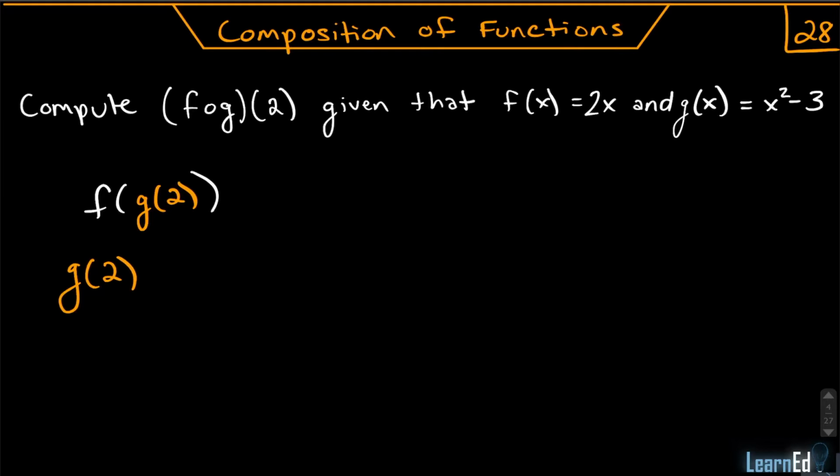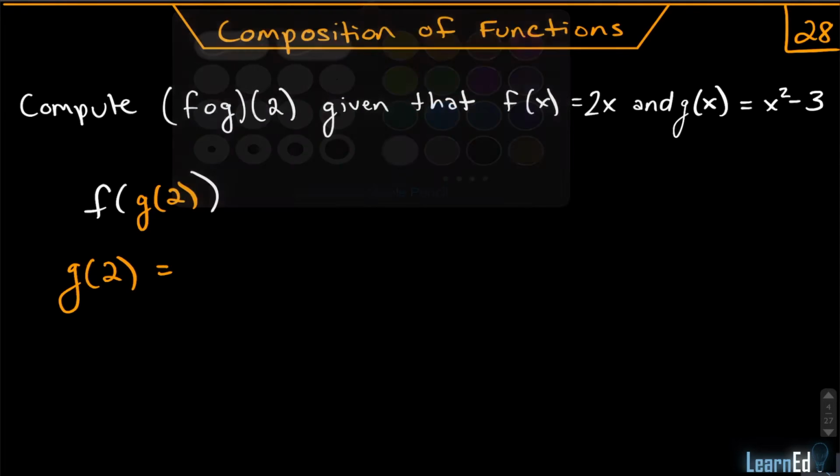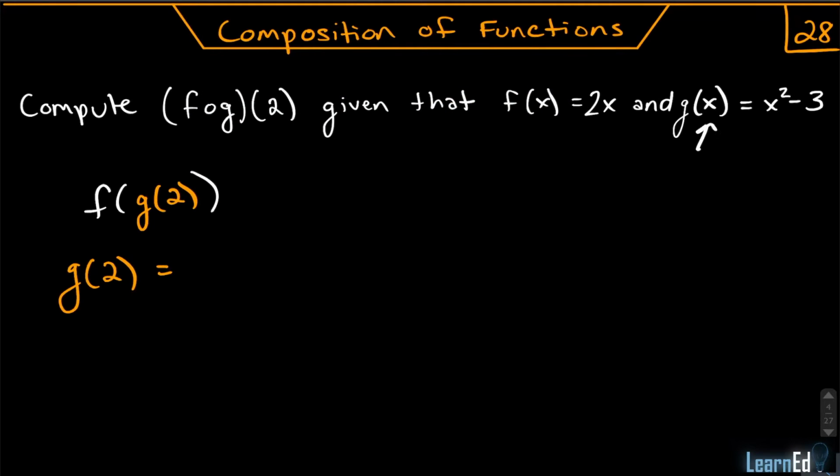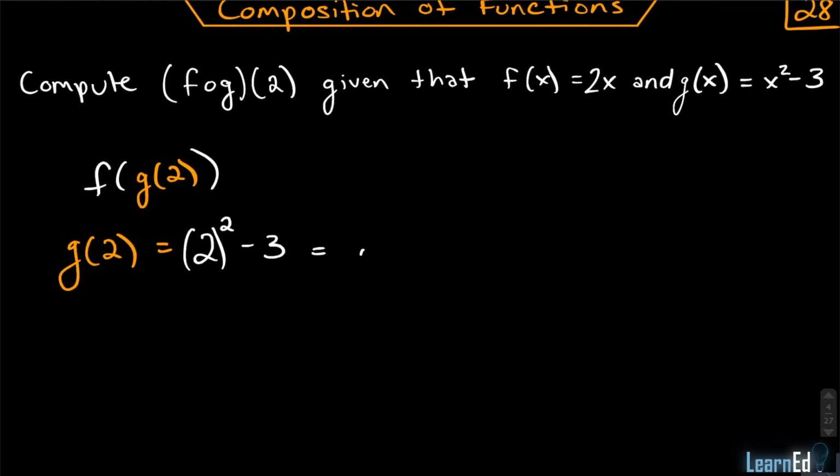g of 2 is basically just us plugging in 2 for x here. If we plug in 2 for x in this equation, we get 2 squared minus 3. So we have 4 minus 3, and that's 1. Since 1 is g of 2, this thing up here is equal to f of 1.